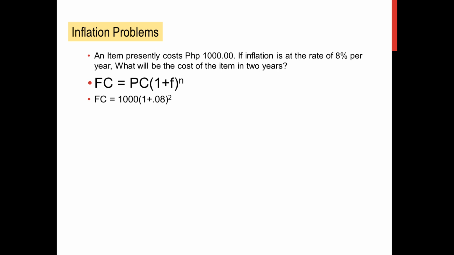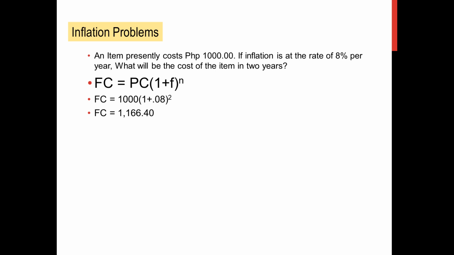So therefore, FC, or the future cost considering an inflation rate of 8%, we'll just substitute in the formula the 1,000 pesos and the 0.08 inflation rate, as well as the duration of 2 years. So the future cost will be equal to 1,166.4.